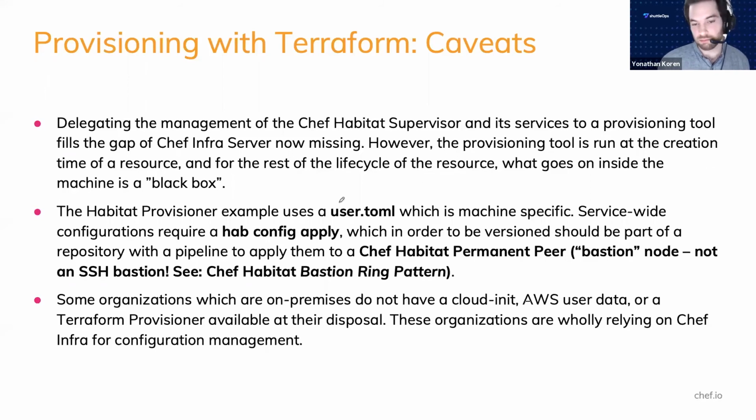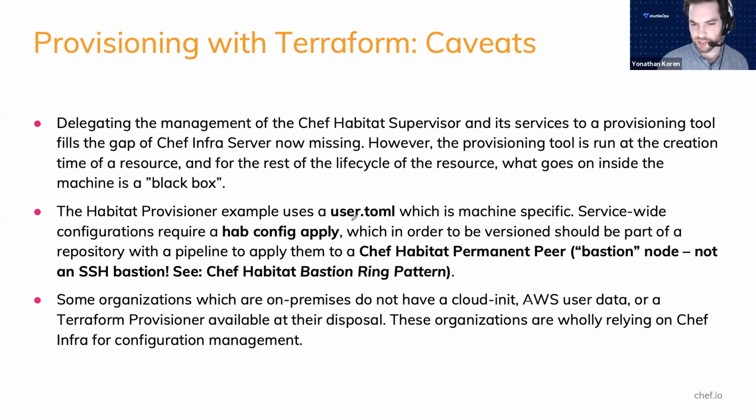Now, with Terraform specifically, you can supply user tomls, but you are not supplying a service level configuration using a hab config apply. So it's going to be machine specific, and if you want service group level configurations, you need to do all that yourself.